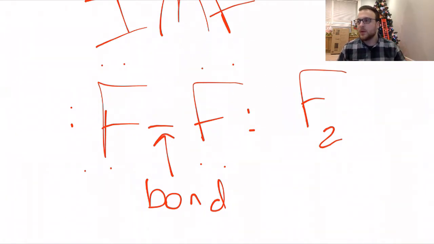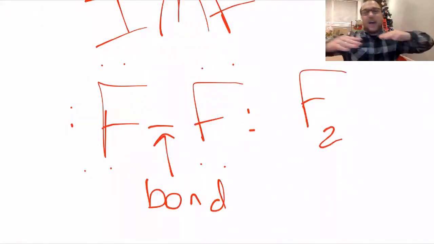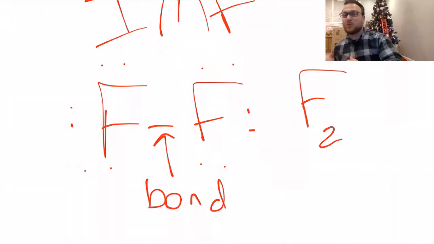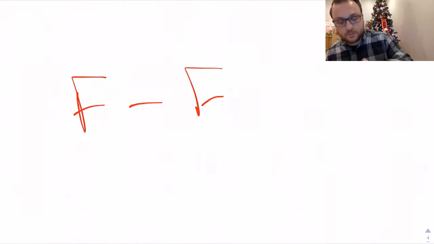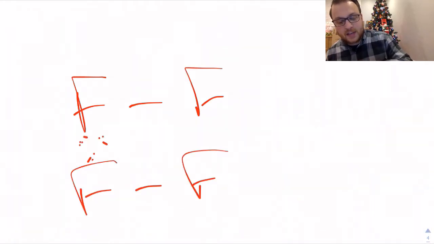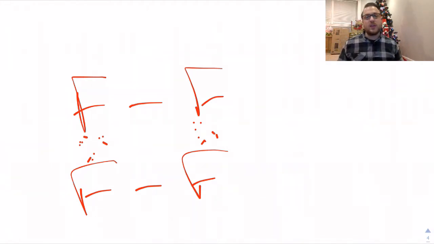But how do these millions and millions of F2 molecules interact with other F2 molecules? So how are all these FFs interacting with other FFs? If you were to draw 2 FFs, how are they interacting in this space between the molecules?